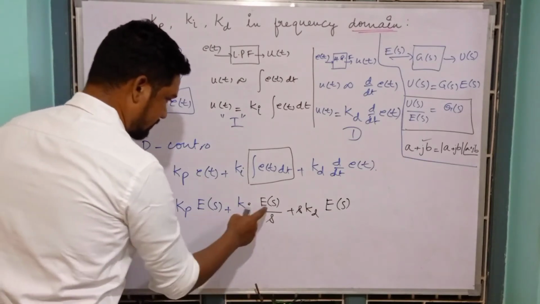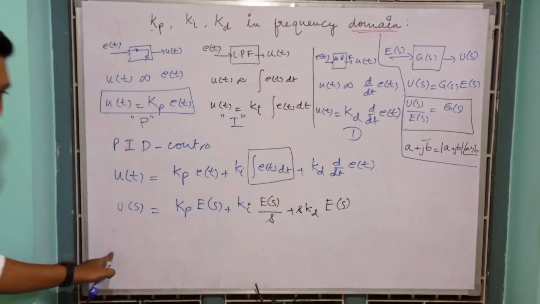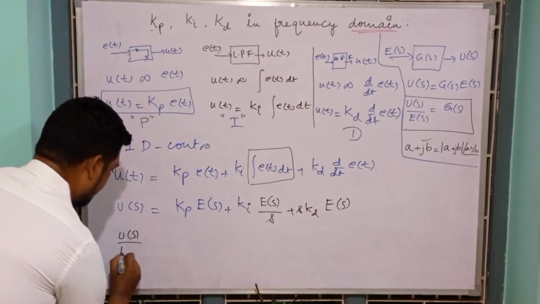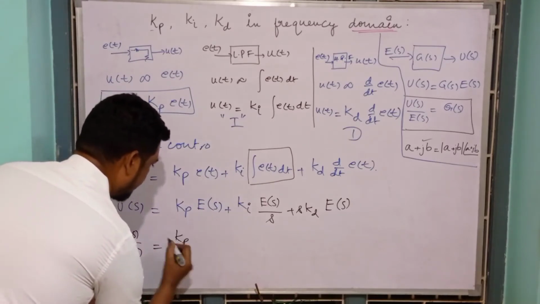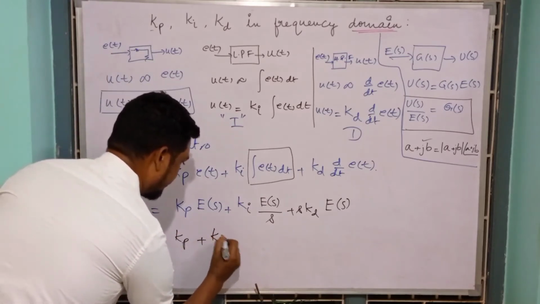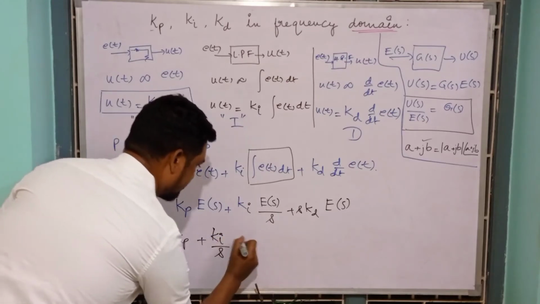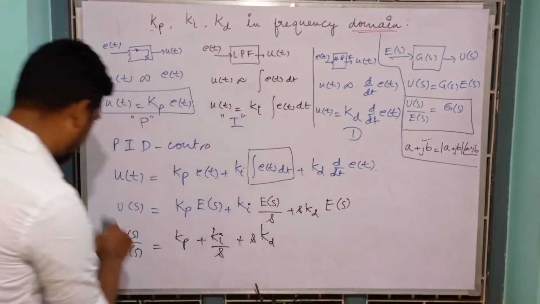Taking that out as common and moving it to the LHS, that gives us u of s by e of s, which will be equal to kp plus ki by s plus s into kd.